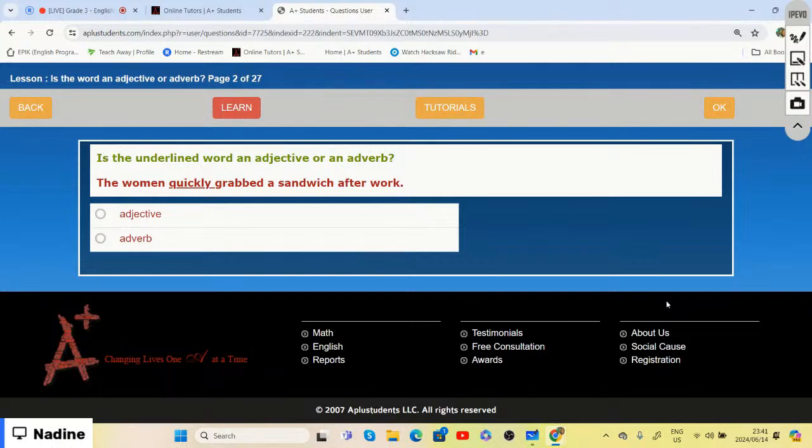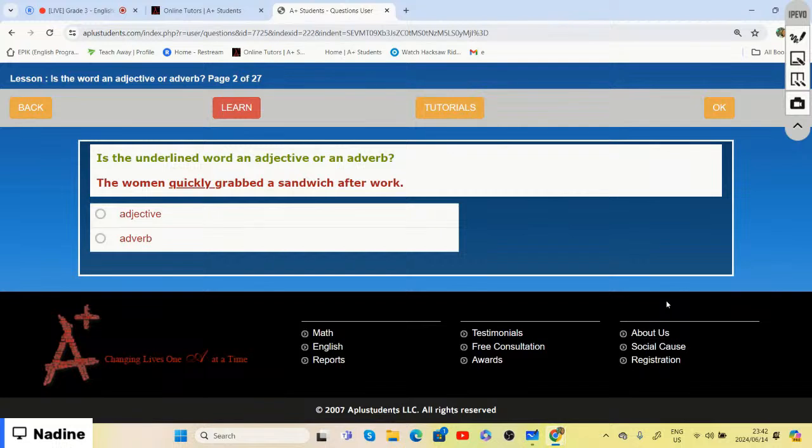All right, the woman quickly grabbed a sandwich after work. So the word quickly, is it an adjective? All right, so quickly, right?